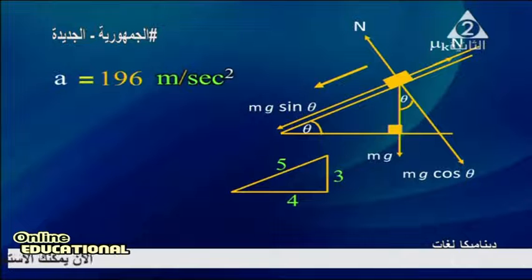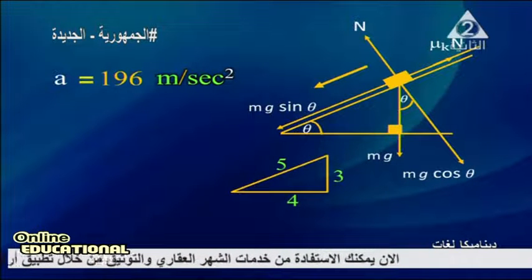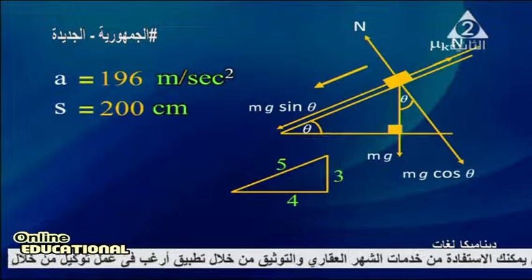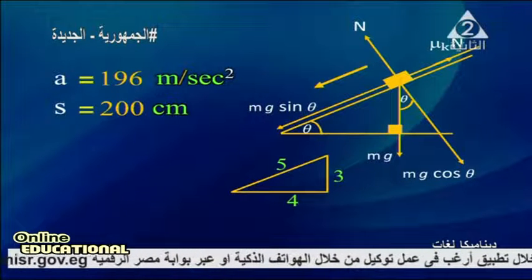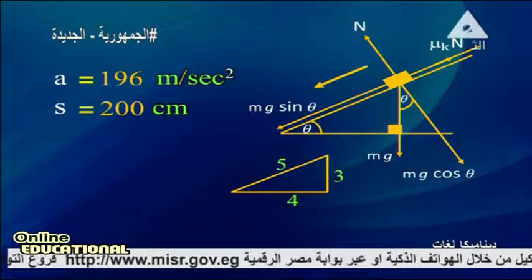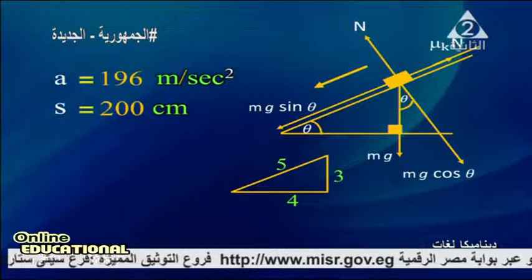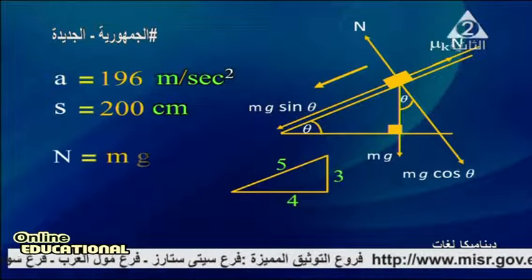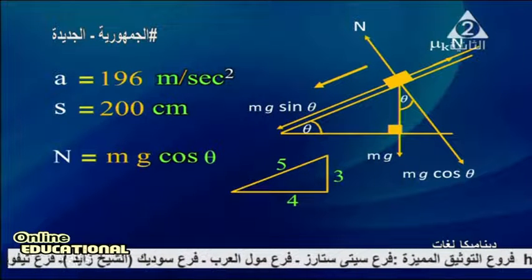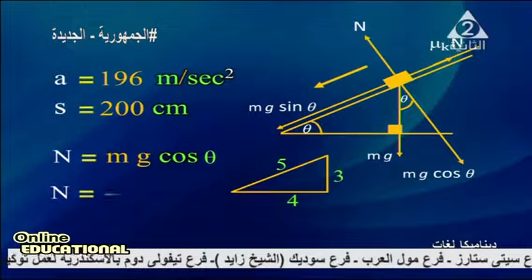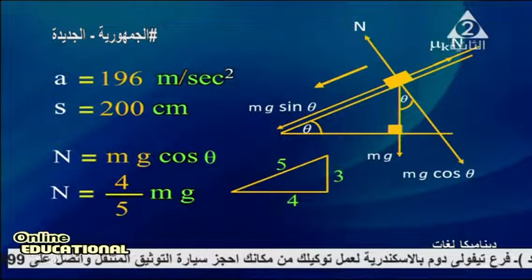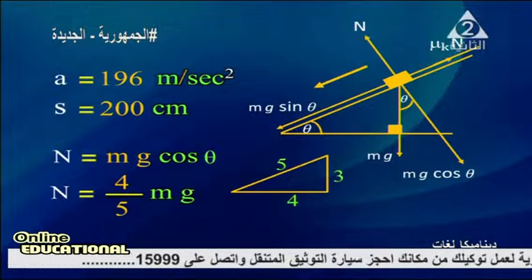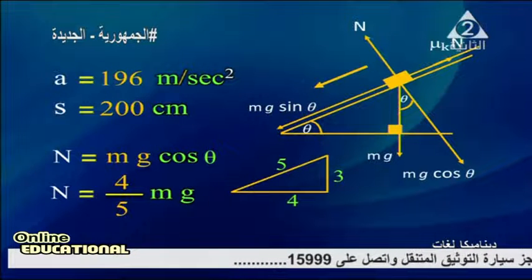The acceleration of motion is 196 centimeter per second squared, and the body traveled 200 centimeter on the plane, or the distance s equals 200 centimeter. Now N equals mg cosine theta, then N equals 4 over 5 mg.